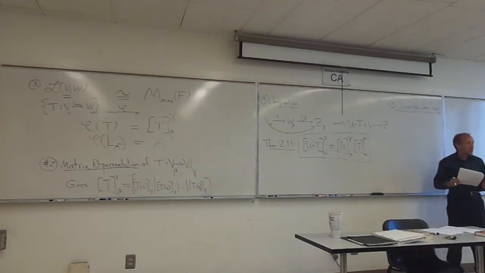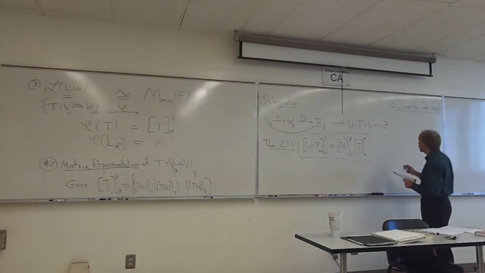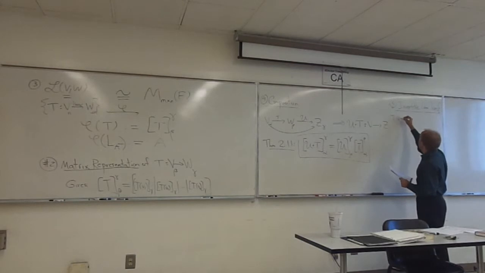Invertible linear transformations. This would be the next thing. Okay, so T from V to W is invertible.